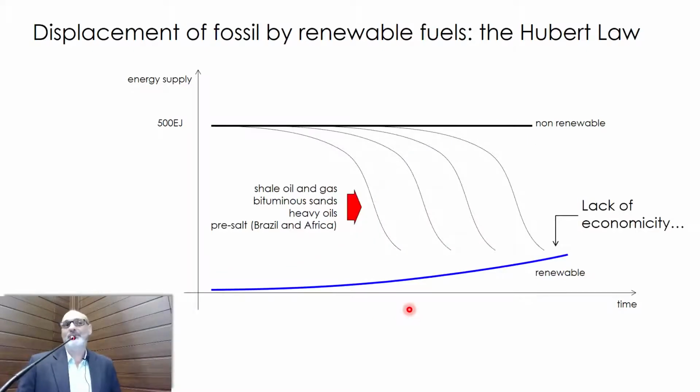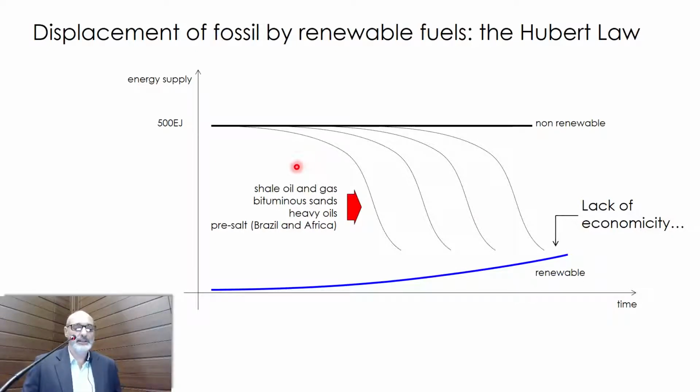What really happened was this. It's true that oil fields get older, they don't produce anymore, but the problem is that you keep discovering new oil fields, new gas fields, and also you keep developing new technologies that make known oil fields that were not viable, viable.